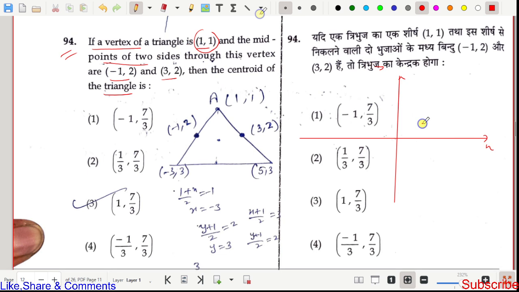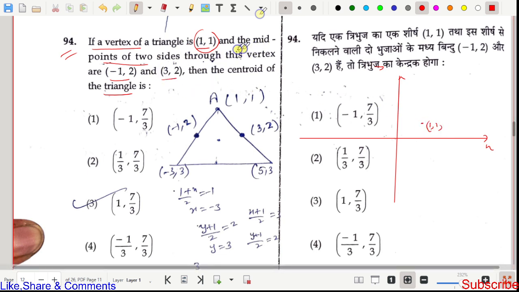The midpoints of the two sides passing through this vertex are (-1, 2) and (3, 2). Both have the same y-coordinate, so they are at the same height. So these are the midpoints.